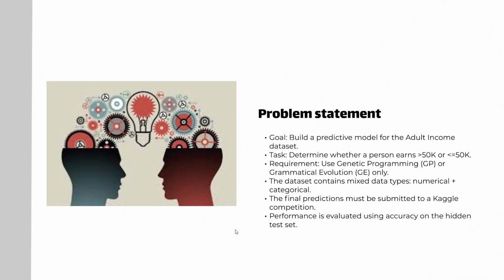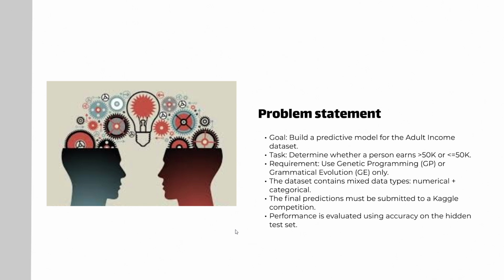Now let's discuss the problem statement. The main objective of this assignment was to classify whether an individual earns more than $50,000 annually using only genetic programming or grammatical evolution. We were provided with a training and test dataset in CSV format.